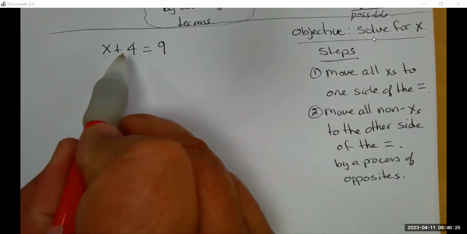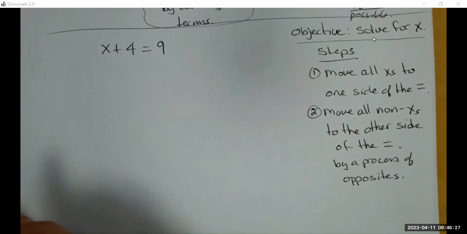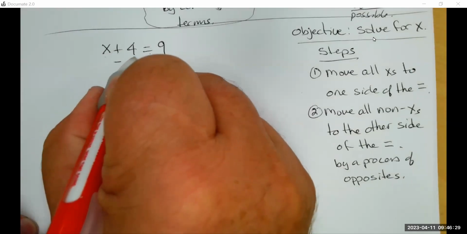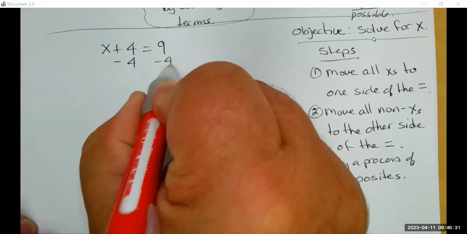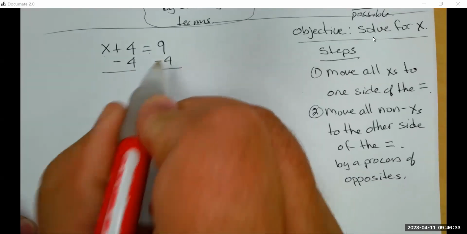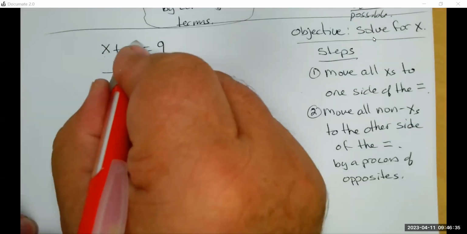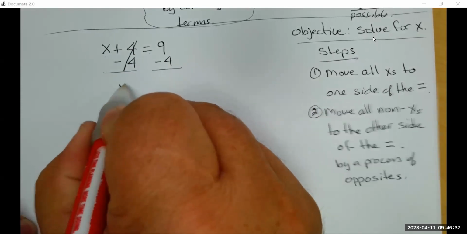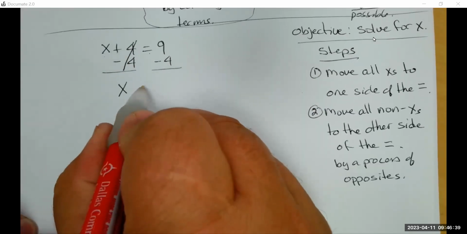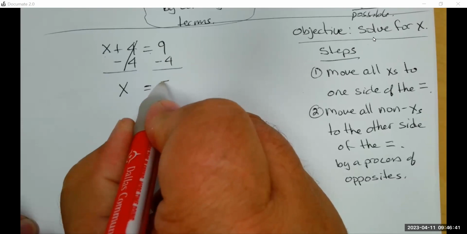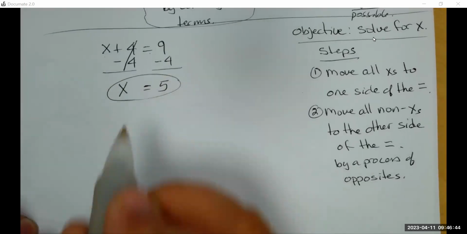We do it by opposites. What's the opposite of positive 4? Negative 4. So we put negative 4 on both sides. Positive 4 minus 4 cancel out. 9 minus 4 is 5. So there is your answer.